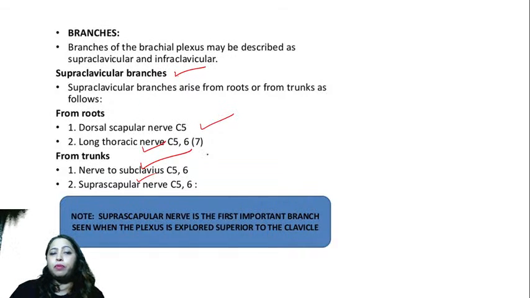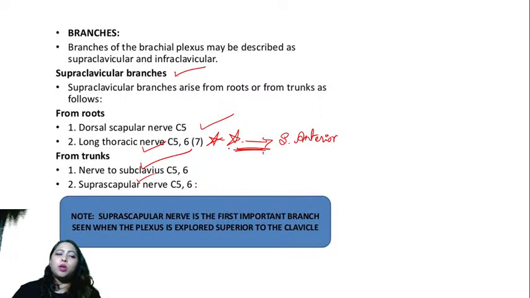You remember this one very well, the long thoracic. This is very, very important because it supplies serratus anterior. Now this one is asked many a times. Does it belong to the supraclavicular branches group or infraclavicular?